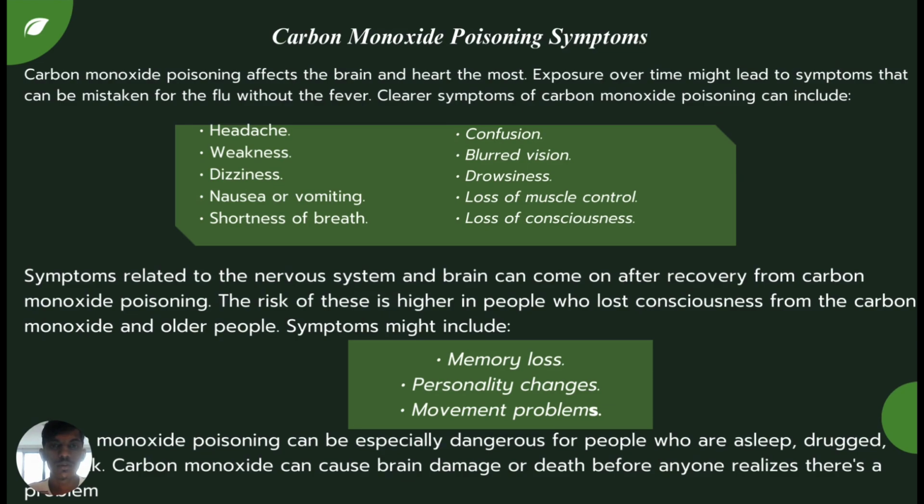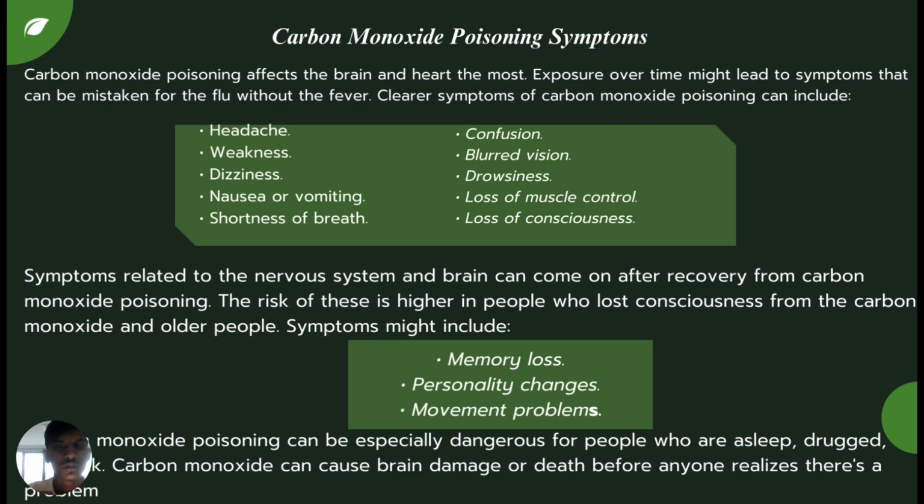The common symptoms of carbon monoxide poisoning include headache, weakness, dizziness, vomiting, shortness of breath, confusion, blurred vision, loss of muscle control, and loss of consciousness. Symptoms related to the nervous system and brain can come on after recovery from carbon monoxide poisoning.